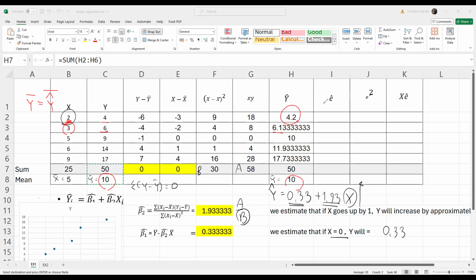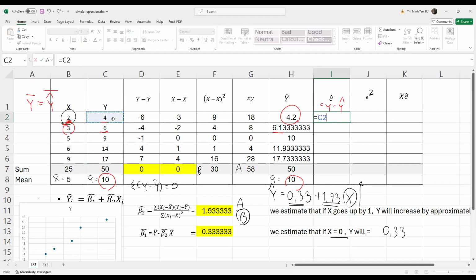So error is y minus y hat. The first one equals the real data minus the predicted one. The real data is 4, the predicted data is 4.2, so the error is minus 0.2, a small fraction.